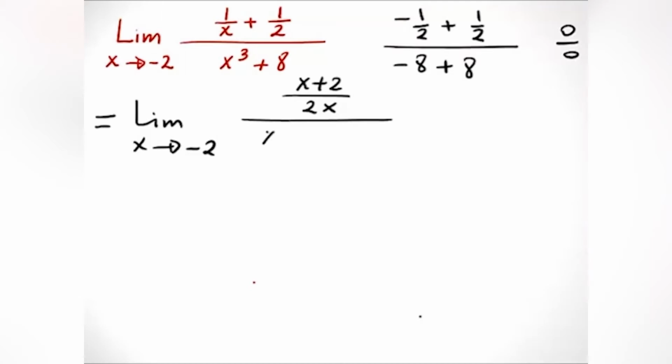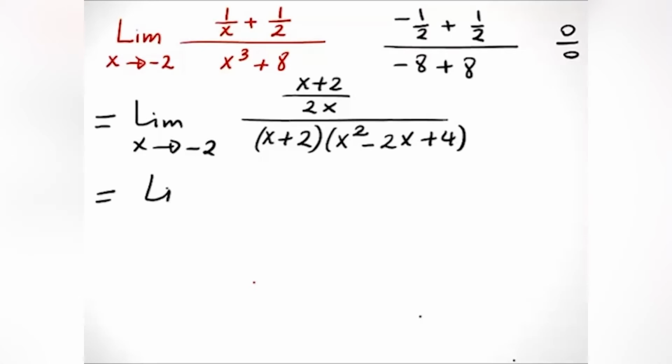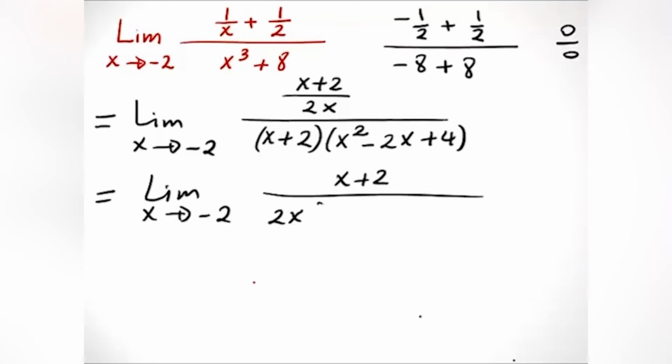I can factor it as x plus 2 times x squared minus 2x plus 4. We just organize things now. It becomes x plus 2 divided by 2x times x plus 2 times x squared minus 2x plus 4.